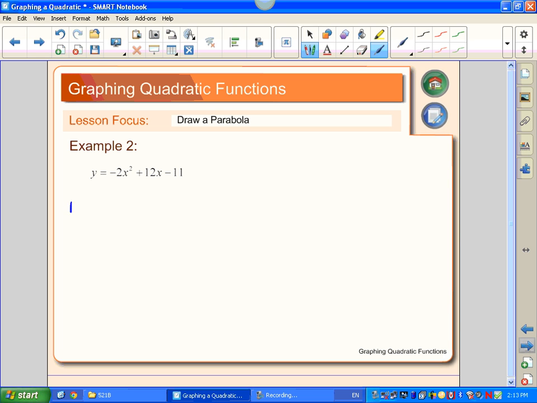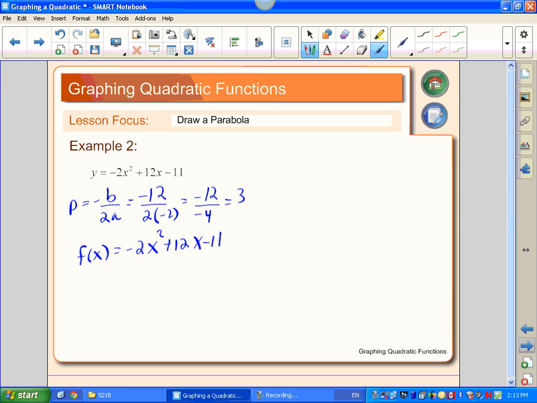So if I look at P and said it's negative B over 2A, so that means it's negative 12 over 2 times a negative 2, negative 12 over negative 4, which is 3. So then into my function that I have, I am going to substitute in the value of 3.